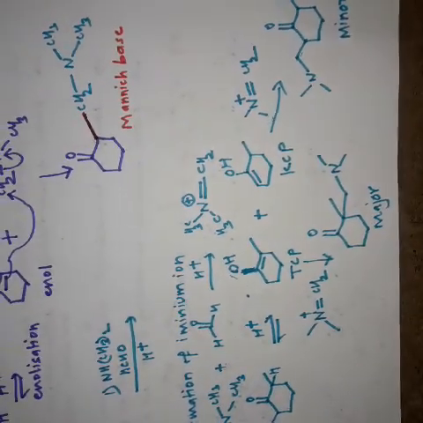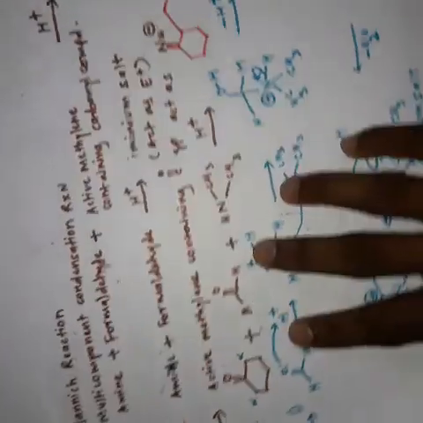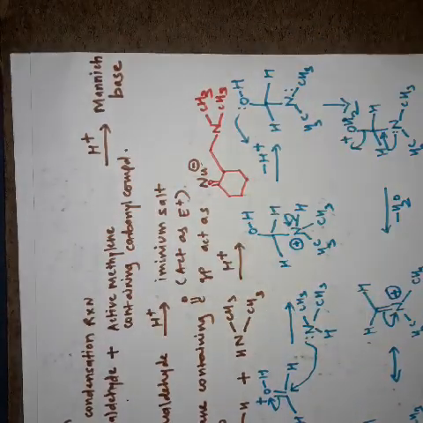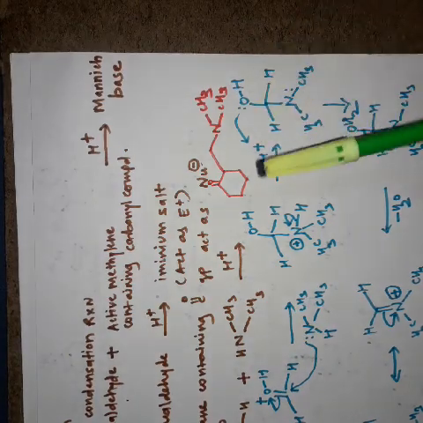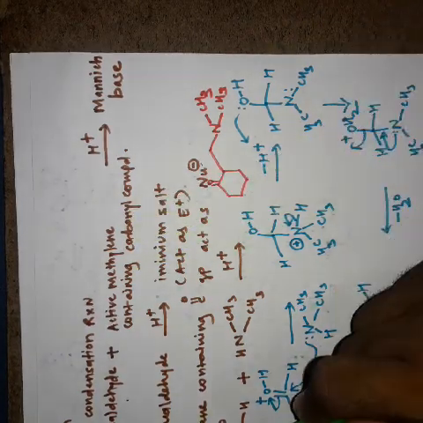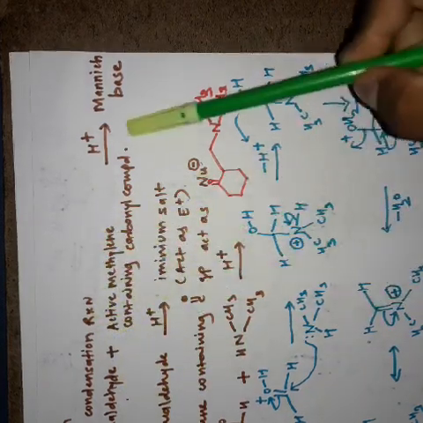So this is all about the Mannich reaction, but I have initially told you that we do not often use active methylene containing compounds. That's why it is a variable one. These two are very much fixed, but this component is the variable one.